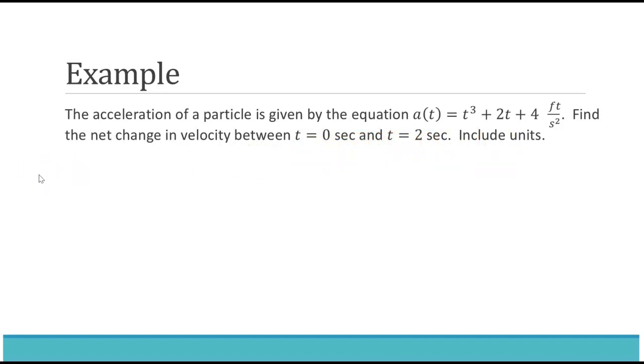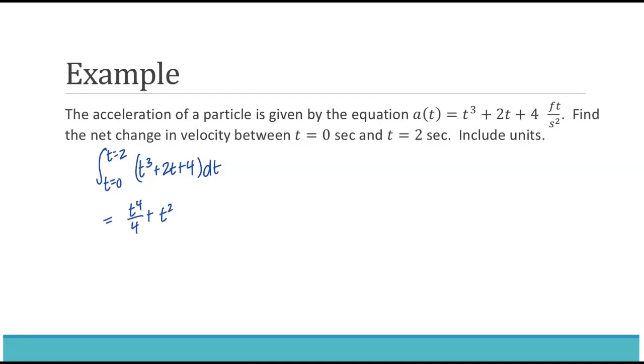So once again, we'll set up our integral. We're integrating from t equals 0 to t equals 2 of t cubed plus 2t plus 4. Here we have t to the 4th over 4 plus 2t squared over 2.